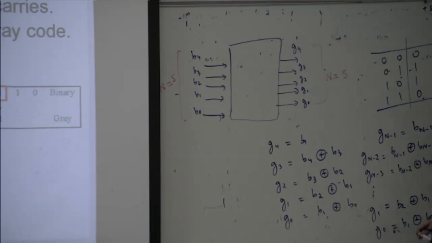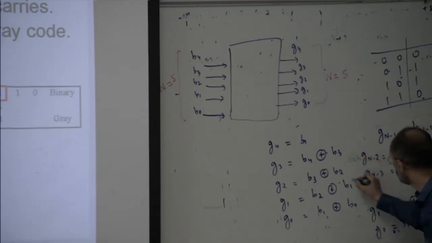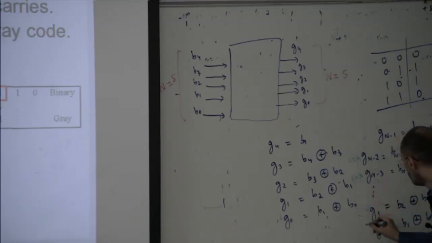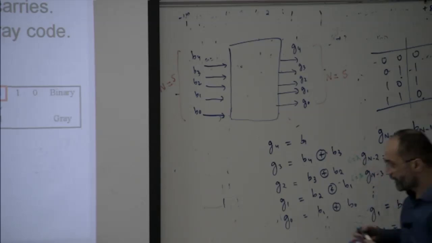Got it? Okay, now if you look here, this is for the most significant bit. Now what is i here? i is equal to 2. So can we write it like this?